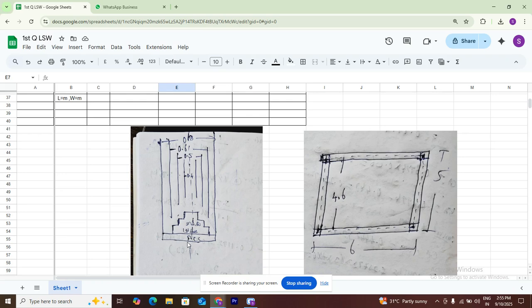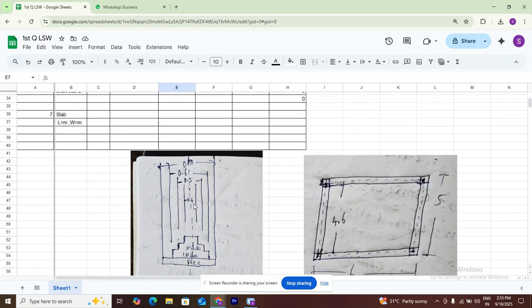We need to add it on either side. This is the first footing, this is the second footing, this is the PCC. The 0.8 we have only center to center, so on this side we need to add 0.4 and on either side also 0.4.